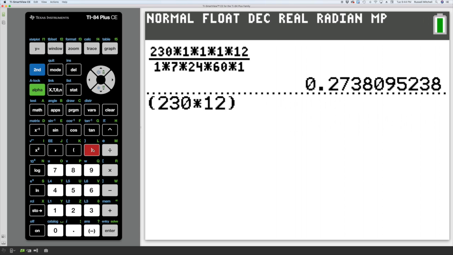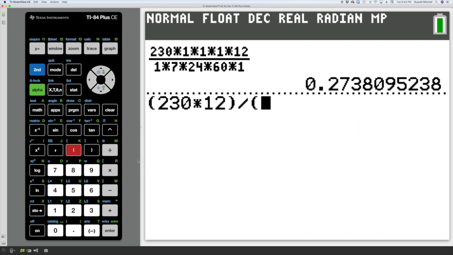And I'm going to close the parenthesis, and then divide, and then start another parenthesis. Now what you're doing is you're telling the calculator to do the numerator and get an answer for that, and do the denominator and get an answer for that, and then divide it. It's order of operations.